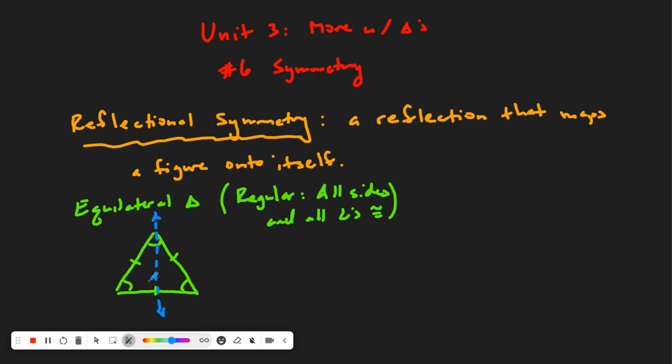Now, there's also going to be a line going this way. It might be tough to see, you've got to kind of turn your head. But if we fold it along that line, that would also be a line of symmetry. And there's also one going this way. If we flipped it along that line, it would map onto itself. So an equilateral triangle is actually going to have three lines of symmetry.